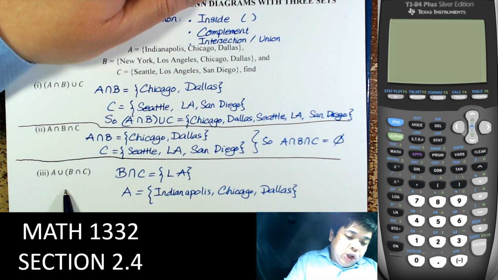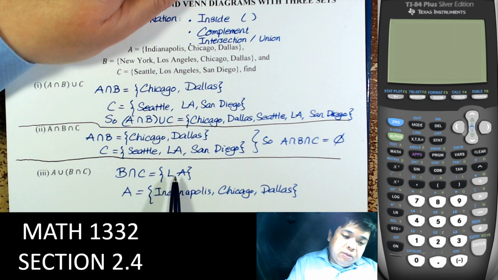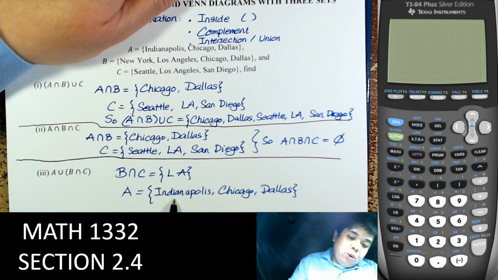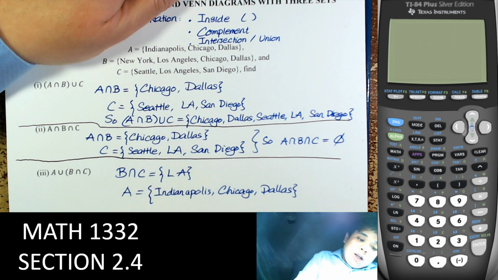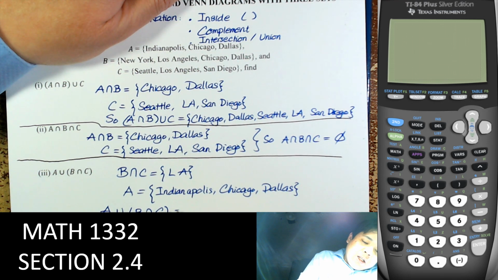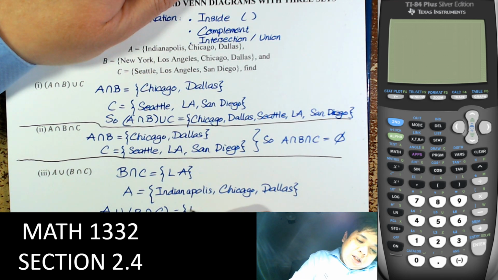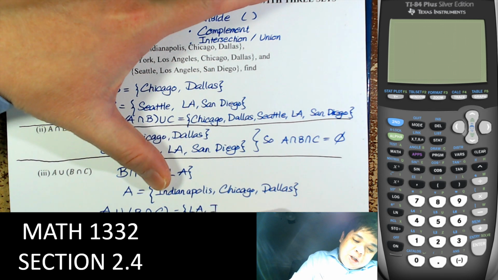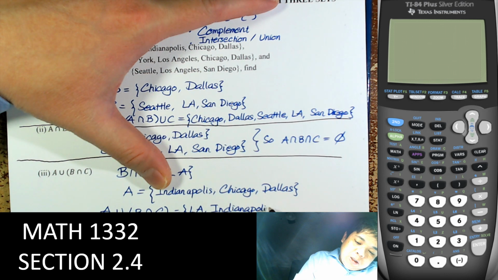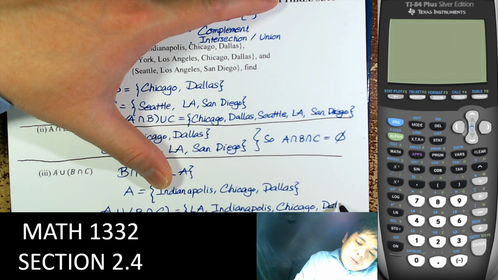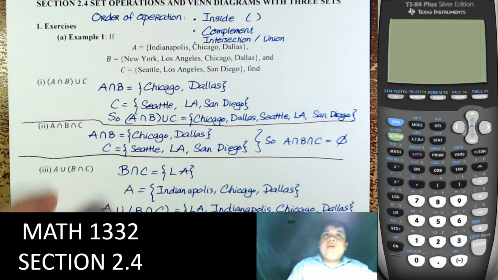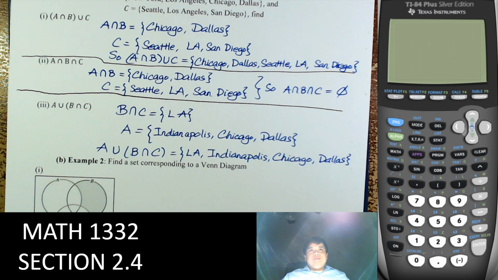Now we want the union. The union may be either in that or in that, or maybe both. So A union with B intersect C is in the first one or in the second one. Right, so that's what we have.